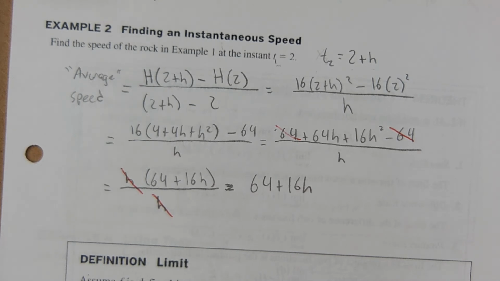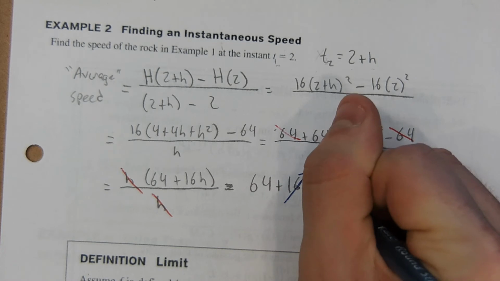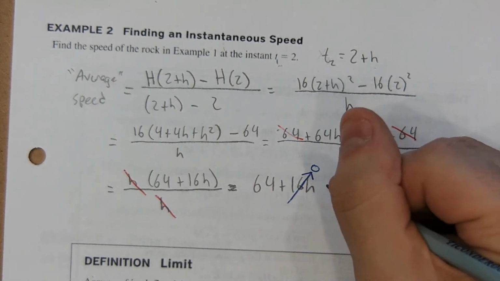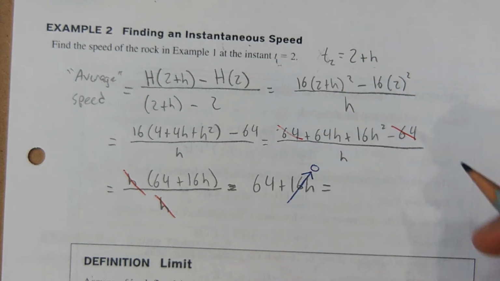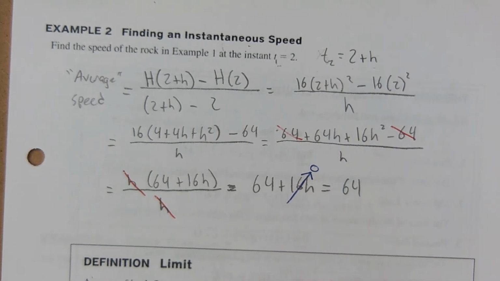And if you do that, this would be 16 times 0, which would head towards the value of just 0, telling us that the slope, also known as instantaneous rate of change of our parabola, is 64 at time equals 2. You just found the slope of a single point. Neato mosquito.